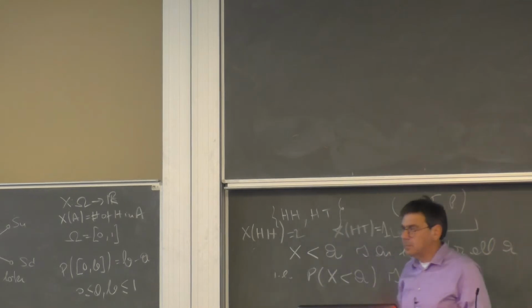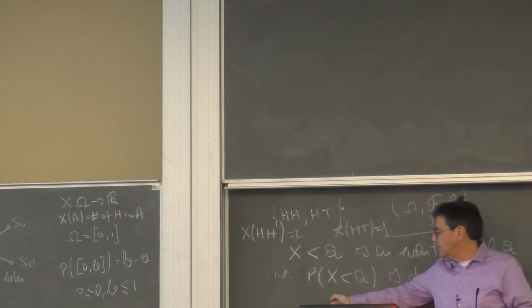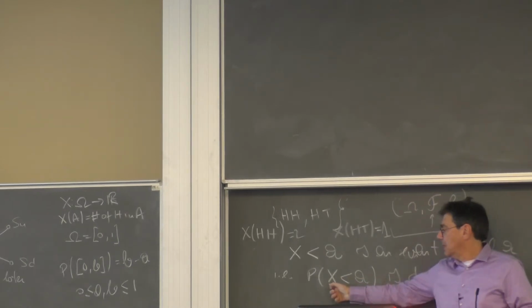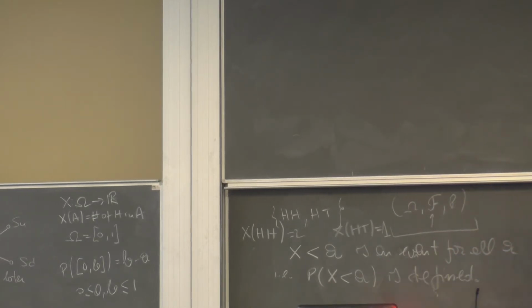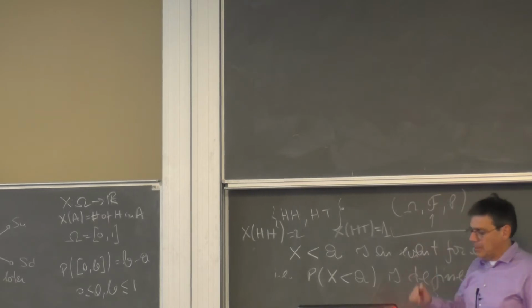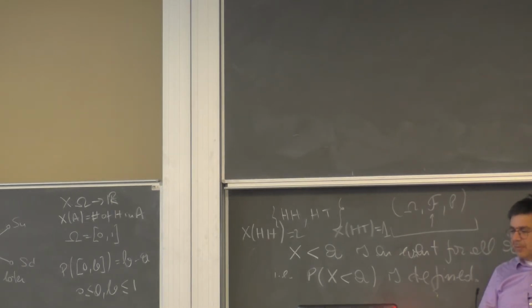And you can convince yourself that all these events are well defined, that the probability of these events is well defined because we define the probability of any subset of omega, any one of the 16 subsets of omega. So x is not just a function, it's a random variable.